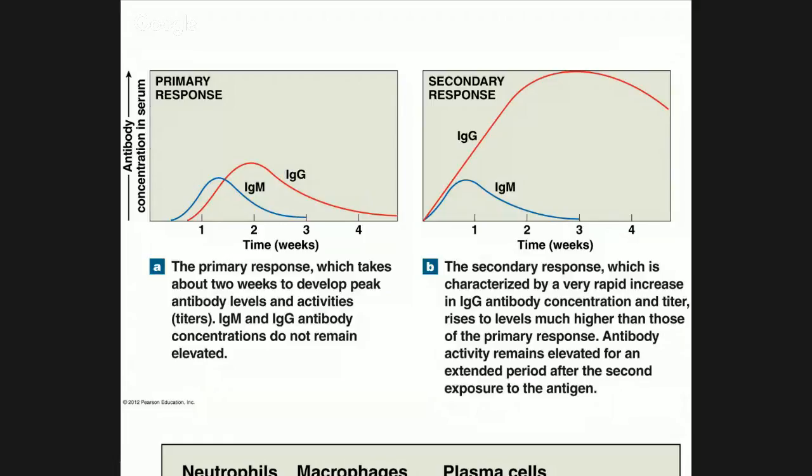The peak of the first primary response curve is about here, which from 1 to 10, the tick marks in between there, that's going to be about 2 or 3 units of antibodies in the serum. And then the peak here is going to be, as I've drawn the scale, above 100,000.